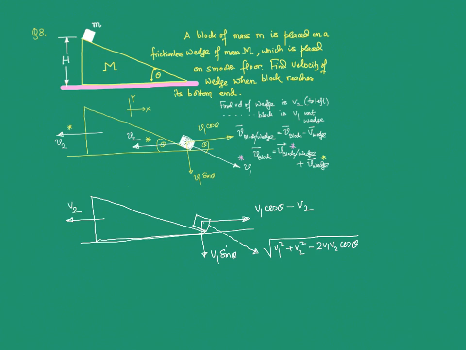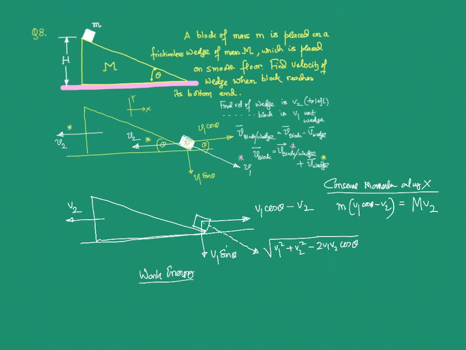So we can conserve momentum along the x-axis because there is no net external force in the x-axis. So small m times (v1 cos theta minus v2) is equal to capital M times v2. This is one equation. The next equation is from work energy.